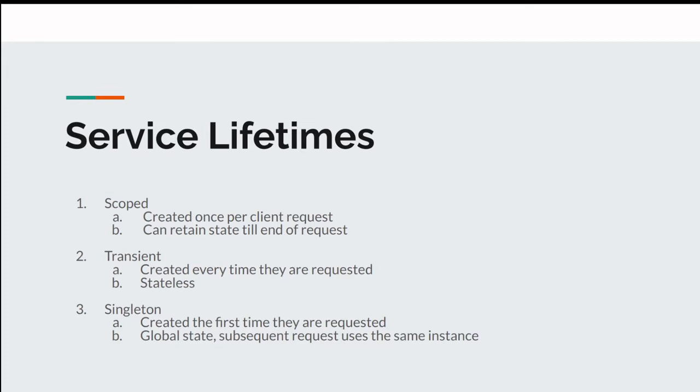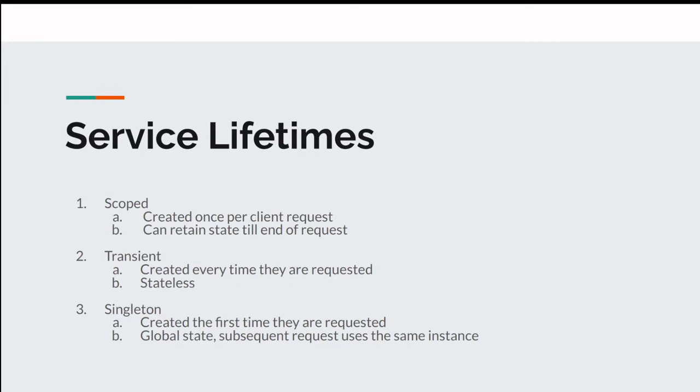But as soon as that request is complete, so is the scoped service, or this instance of the scoped service. So the next time, if there's another HTTP request and we call upon the service again, again the initial value will be 0, and then we can increase it however many times we want within that request.